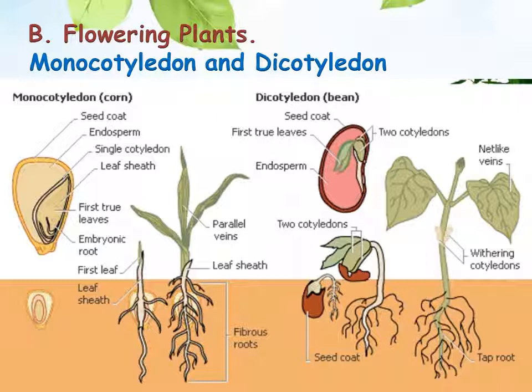Next, look at the leaf, parallel veins. All are just the same direction, parallel. It's called parallel, one direction. And then the leaf sheath. And the roots are fibrous roots. Now let's go to dicotyledon.